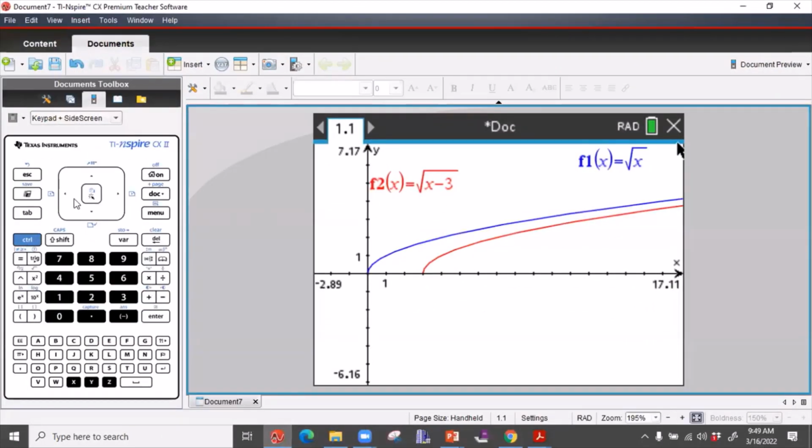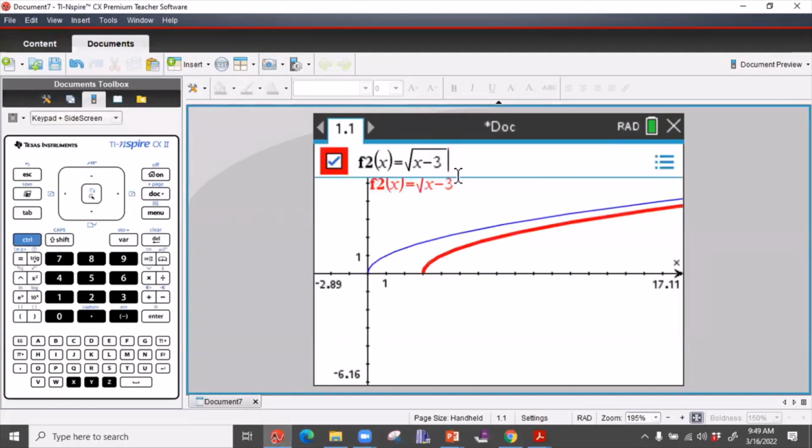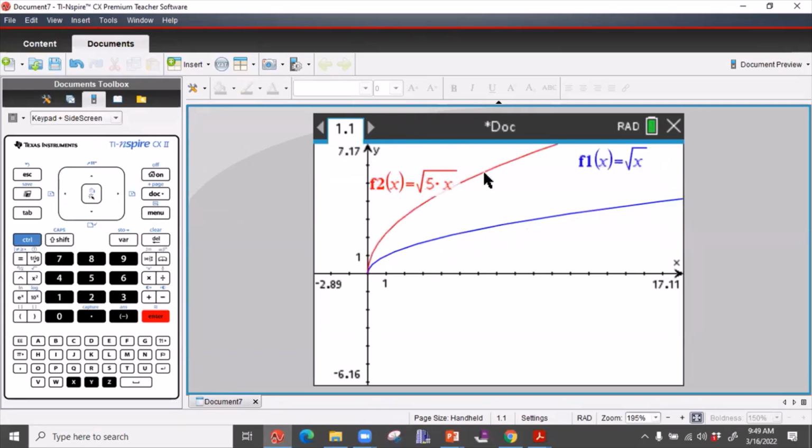So we have the square root of 5x, right? All right, so it's shrink, which just means that you went in. Did our intercept change?